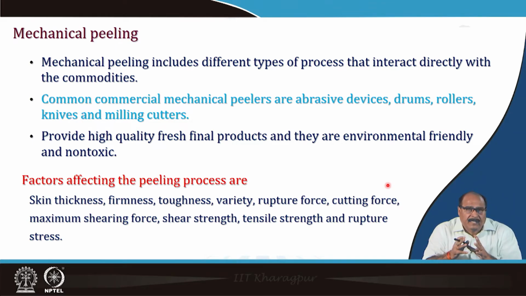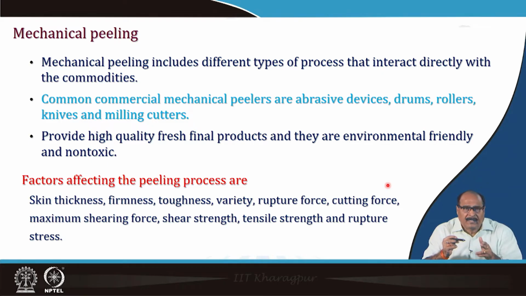Mechanical methods include different types of processes that interact directly with the commodities. Common commercial mechanical peelers are abrasive devices, drums, rollers, knives and even milling cutters. They provide a high quality fresh final product and they are environmentally friendly and non-toxic.